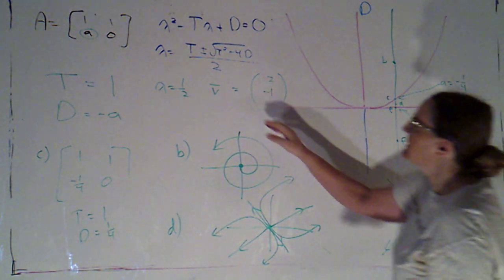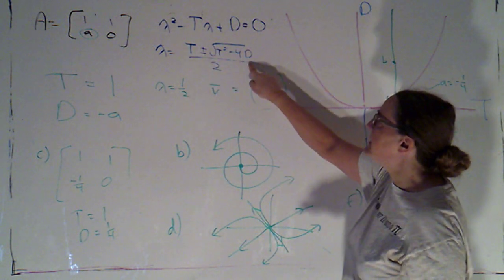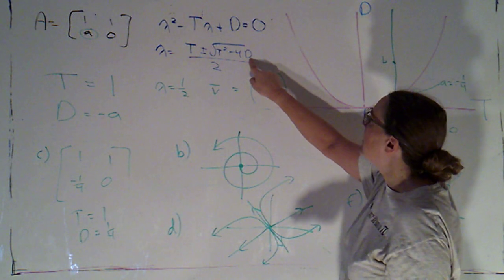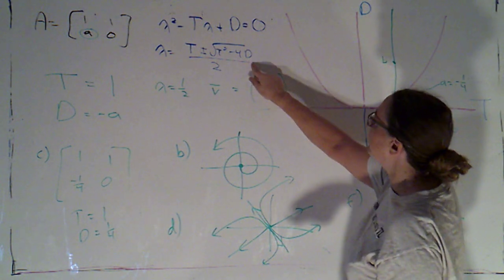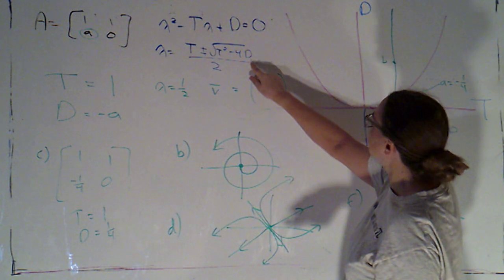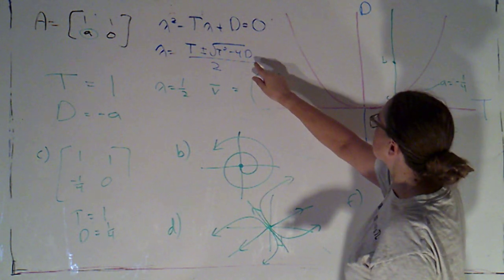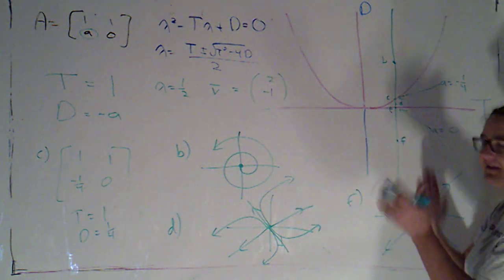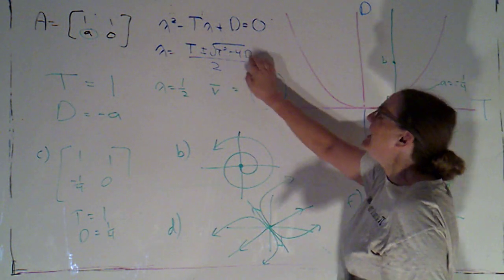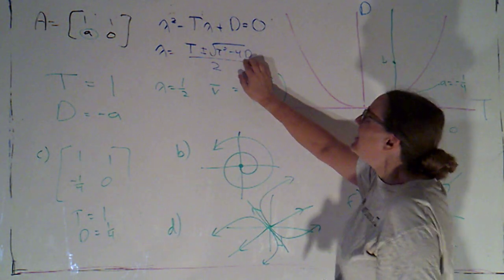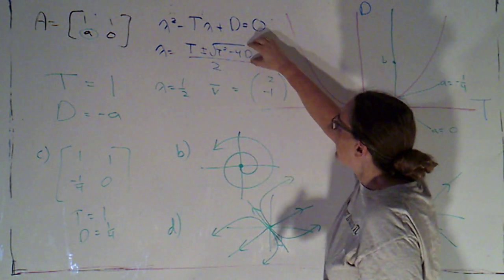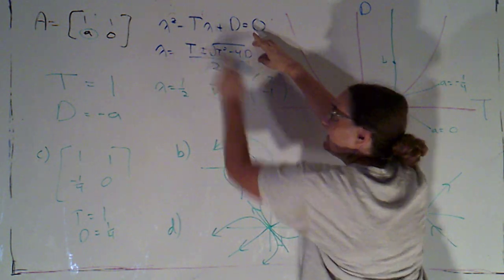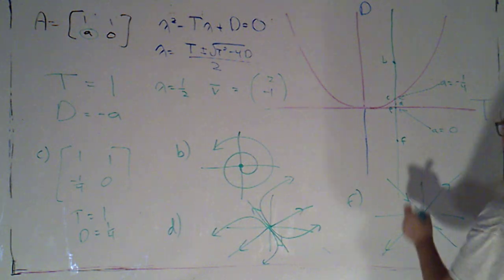So I can see that T is still positive, but if D is positive, that's going to mean that T squared minus 4D... hang on a second. Oh, I'm sorry, D is negative. T squared minus 4D becomes bigger than T squared. So when I'm subtracting this from here, this piece is bigger than T, so that would give me something negative.